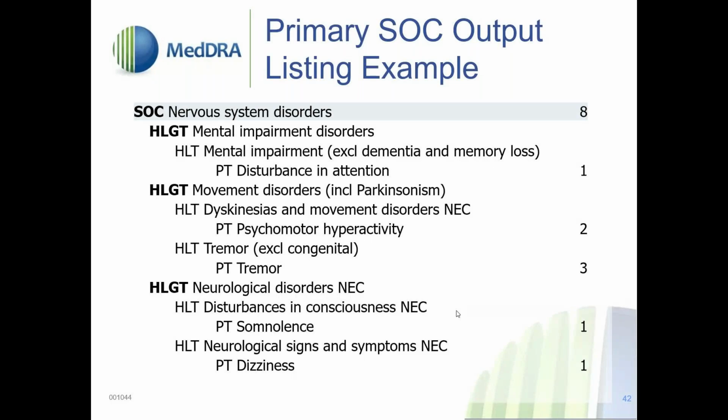This is also a nice output, especially for a larger data set. Even if sometimes you just get it as a PDF, then it becomes more lengthy. If you have it as an Excel file, you can filter and sort. So it's really helpful to use the complete MedDRA hierarchy for analyzing your data.